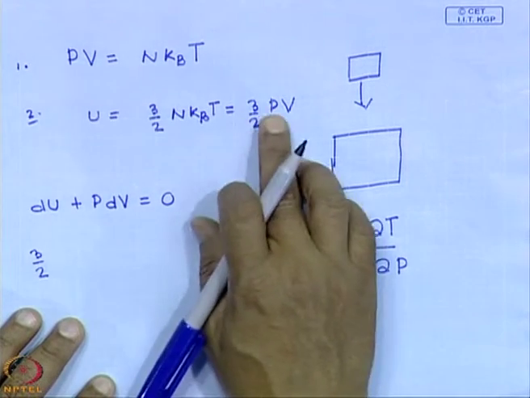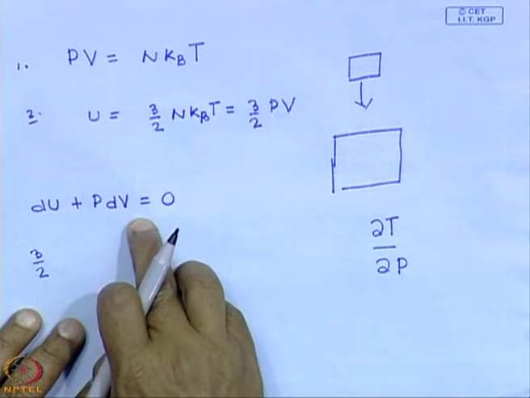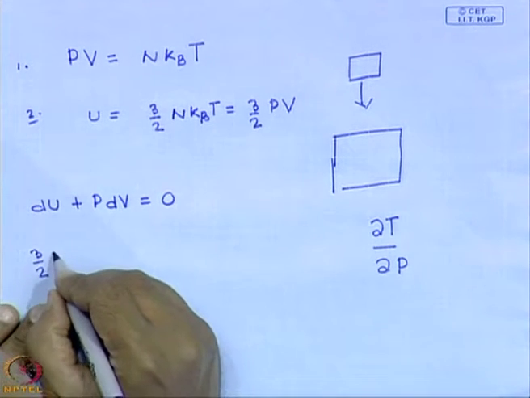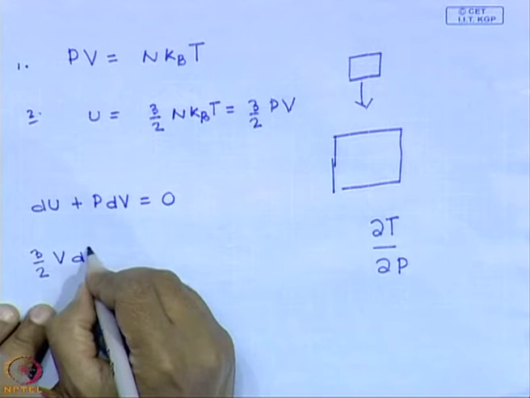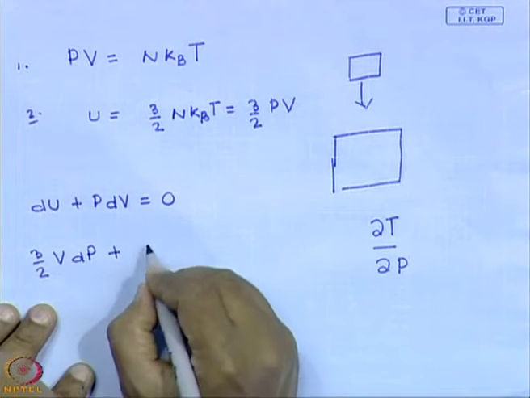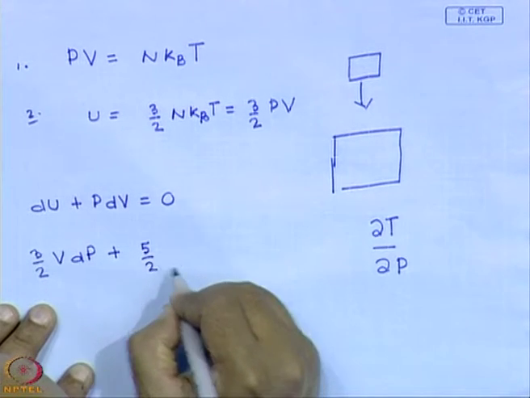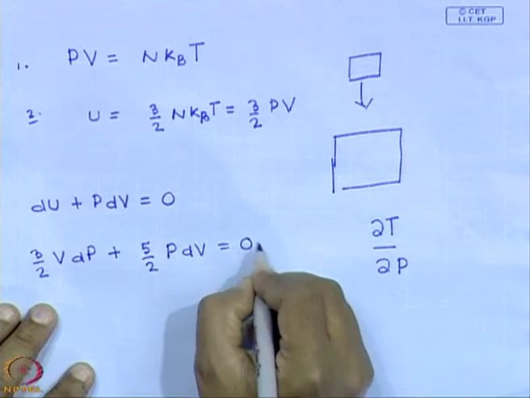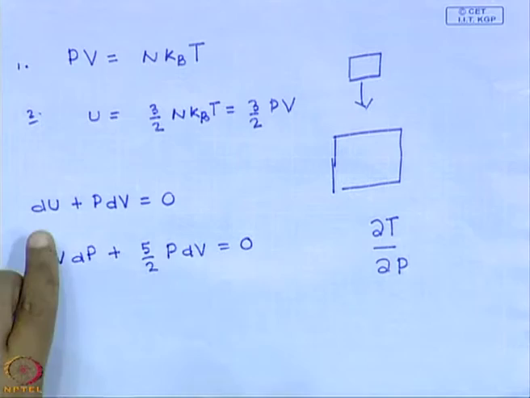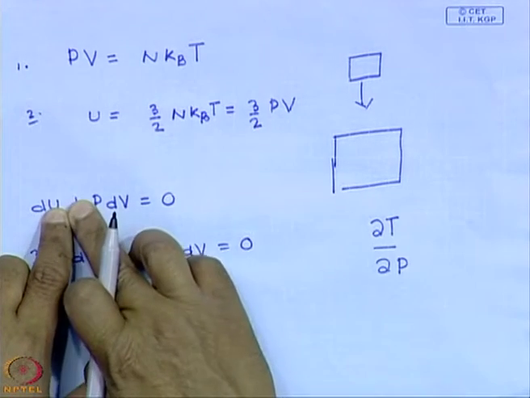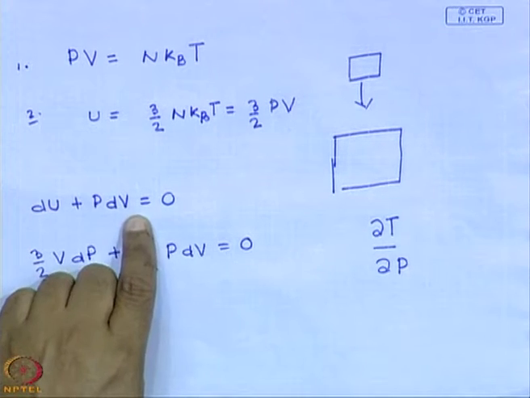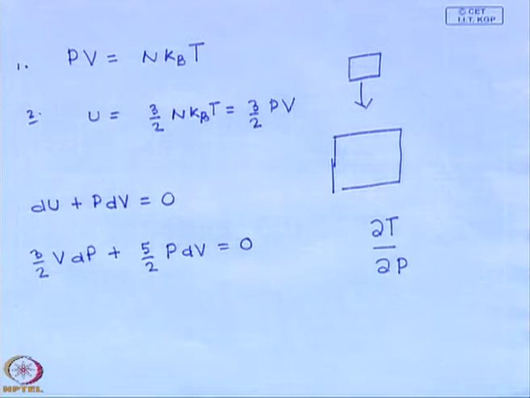The P dV term can be combined with this. So, one term will be V dP and the other term will be plus 5/2 P dV is equal to 0, because this will give us two terms, and one of them I can combine to get a factor of 5/2.